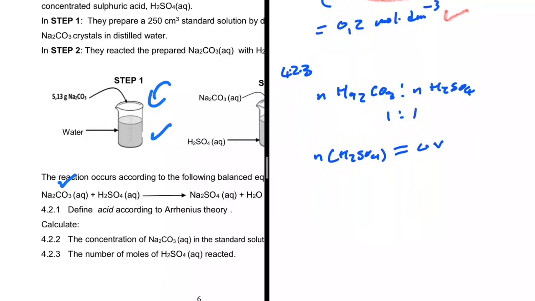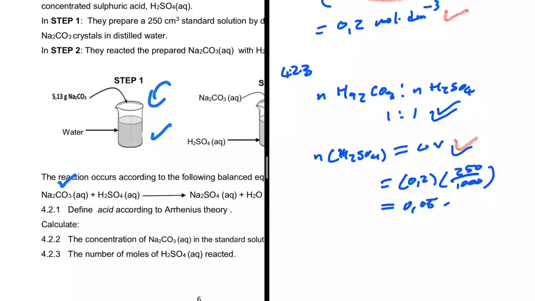Because we have established this relationship, we are able to do this. So the concentration 0.2, the volume 250 divided by 1000. Let me put that in my calculator. I'm getting 0.05 moles.